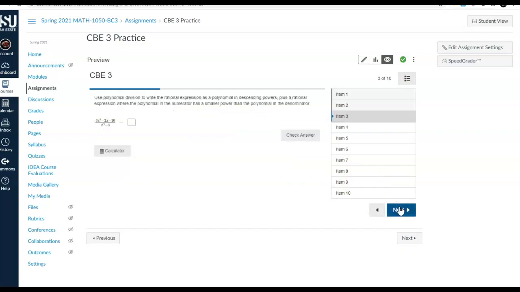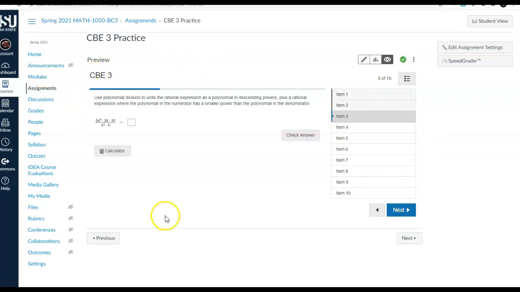Okay. Moving on. Here's our next one. We're going to use some long division in this case, and it just wants us to write out my expression as I go through that. So we've got 3x to the 4th minus 2x minus 10, and then all over x squared minus 3.